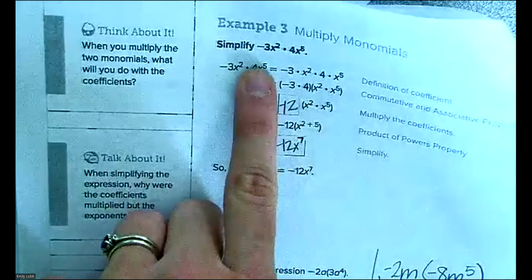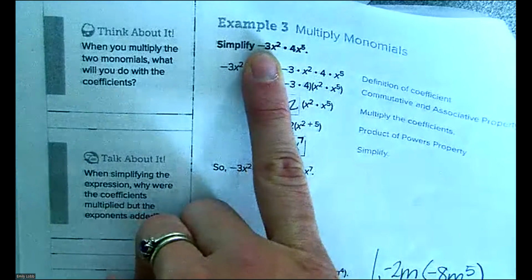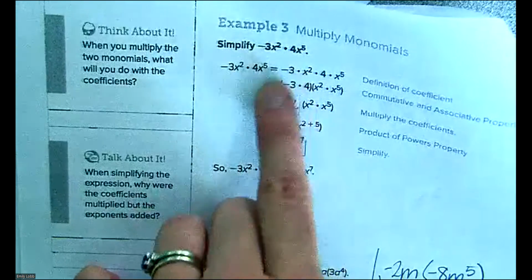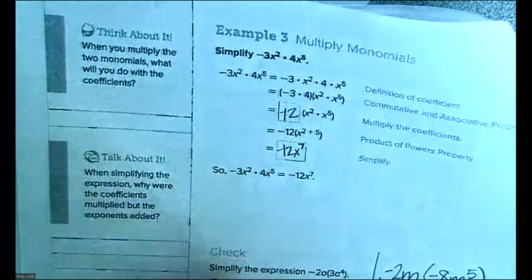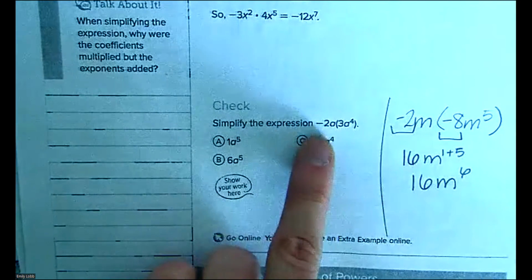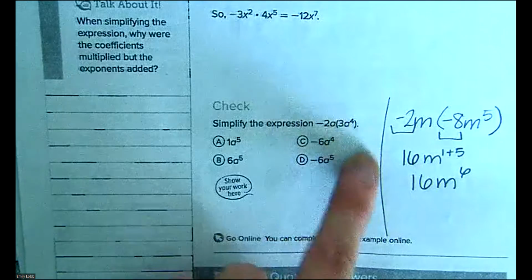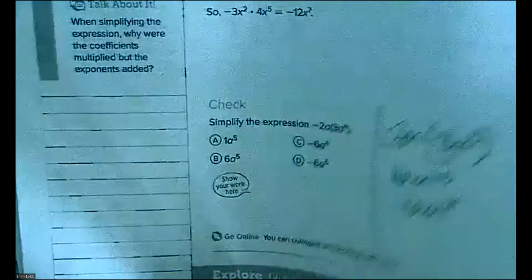Remember what we do with our coefficients. That business in the front has to be taken care of, right? We have to multiply them. Same here. We had to multiply them. And then we could add our exponents when our bases were the same.